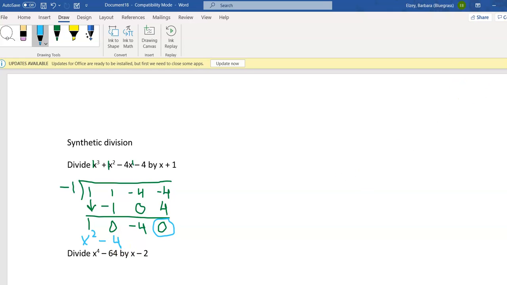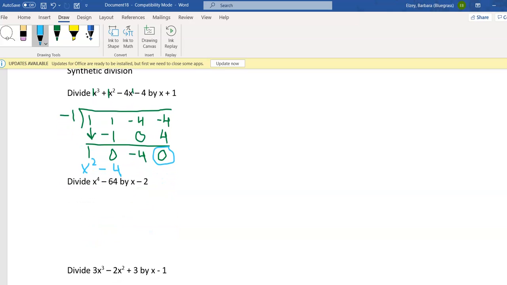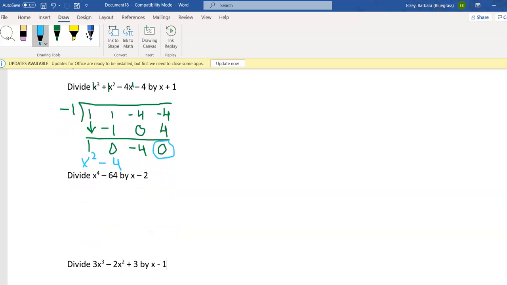Now, we'll look at another one. Let's divide x to the 4th minus 64 by x minus 2. We start by putting the opposite of the -2 out front, so we'll put a +2 out front. Now here's where we need to be careful. Up here we had an x to the 3rd, then an x squared, then an x to the 1st, and then the number. We always have to have every single exponent accounted for.